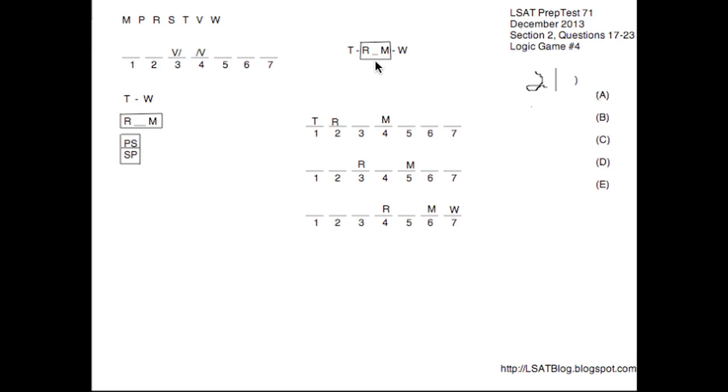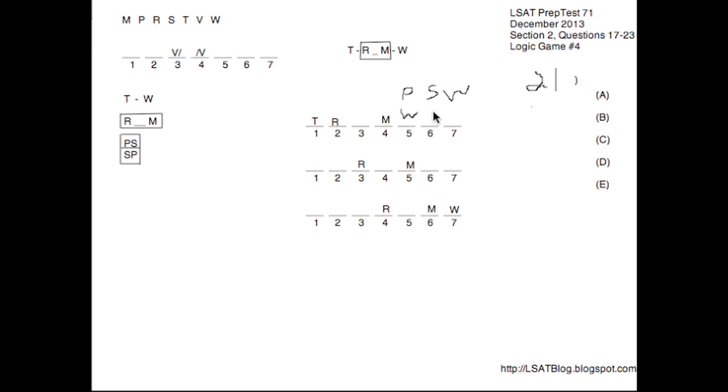Now, let's see what else we can fill in this scenario. Well, we've got to have W coming after the T, R, and M. So in the top possibility, we don't know exactly which of these 3 spaces W will go on, but since we have to have P and S, we're either going to have W on 5 and PS on 6 and 7, or we're going to have W on 7 and PS on 5 and 6, and of course P and S are completely interchangeable.